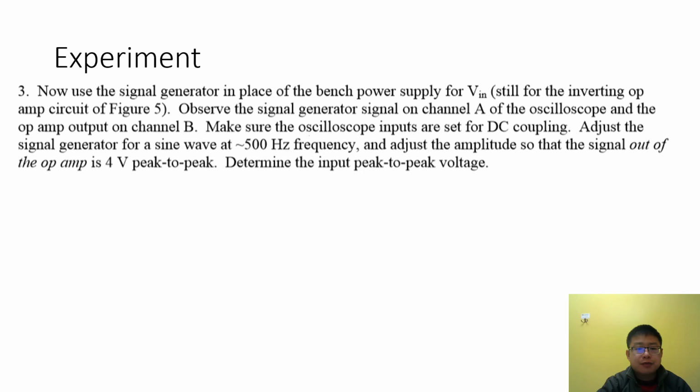Now the input is from the signal generator, a 500 Hz sine wave, and you need to determine the input peak-to-peak voltage in order to get a 4 volt peak-to-peak output. In your lab report, you should also attach pictures showing what the input and output look like on the oscilloscope.